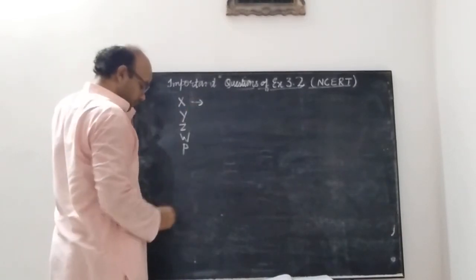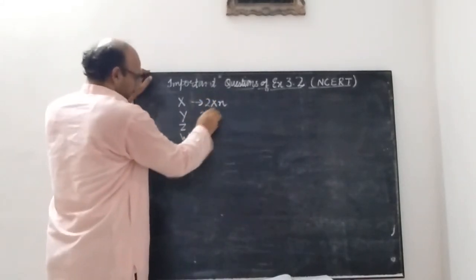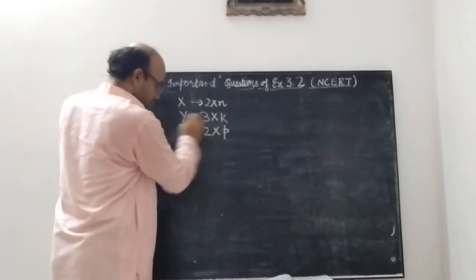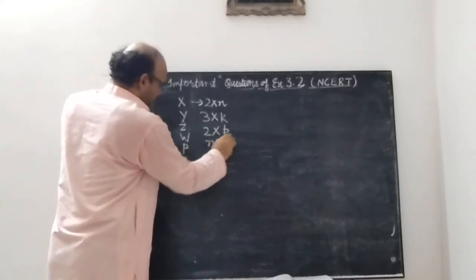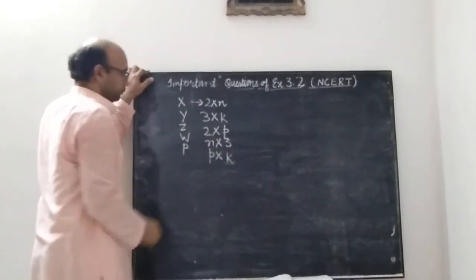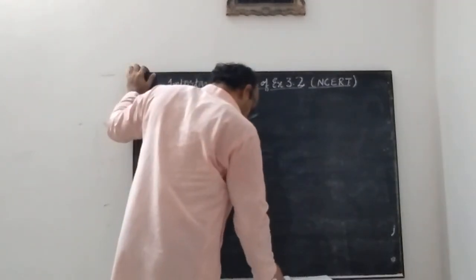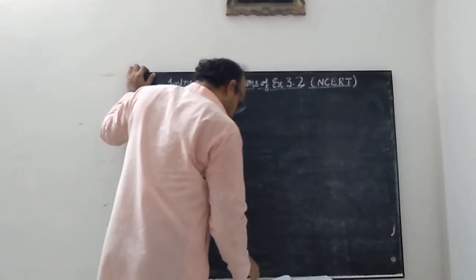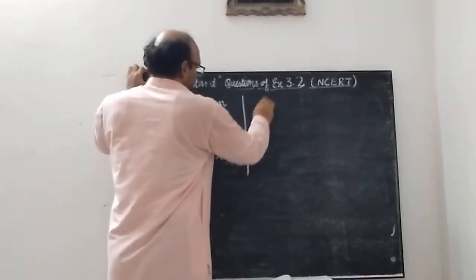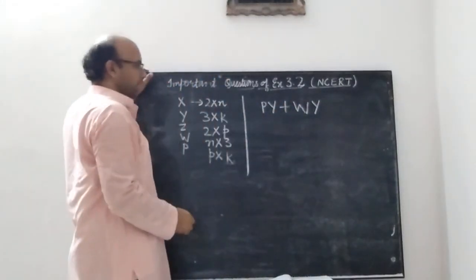The order of the matrix X is 2 cross n, Y is 3 cross k, Z is 2 cross p, W is n cross 3, and P is p cross q. Now, in question number 21, the restrictions for the expression PY plus WY to be defined are what has to be found.